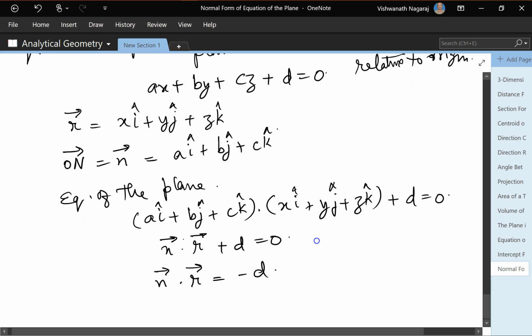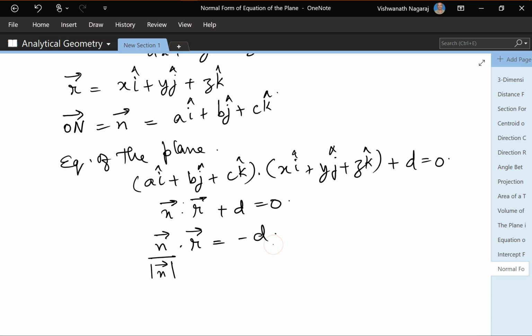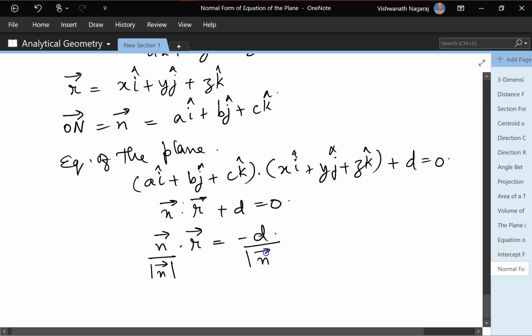Now, if we want to get back in terms of the unit vector, not in terms of the vector n but its unit vector, then what do we do? We divide this by the magnitude of n. So the magnitude will get cancelled and only direction will be left. So we have to divide this side also by the magnitude. Now this is the projection of the distance from the point to the origin onto ON.